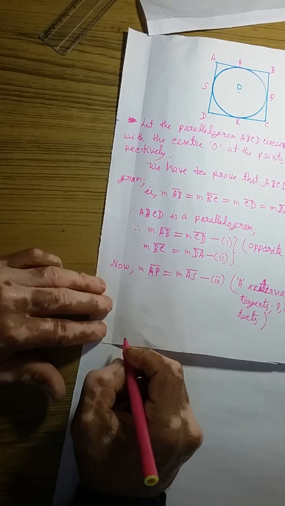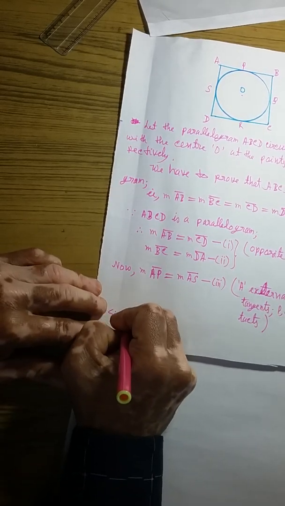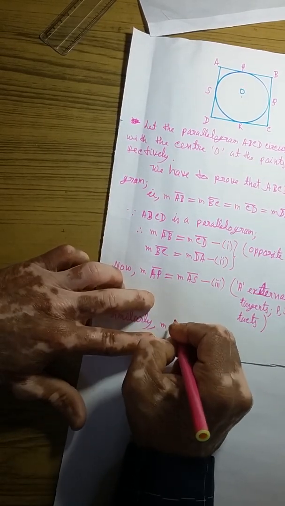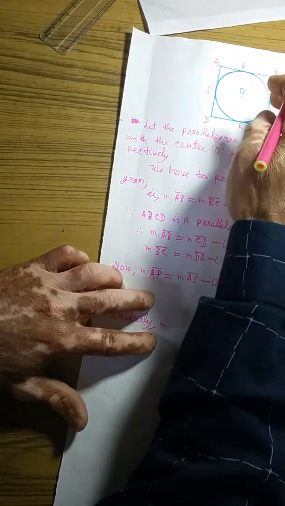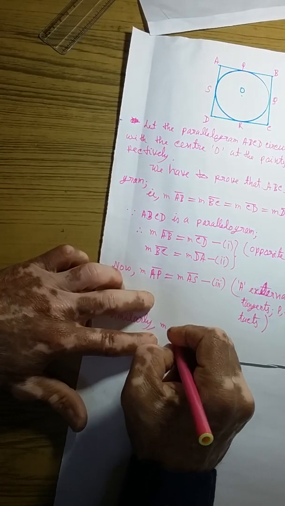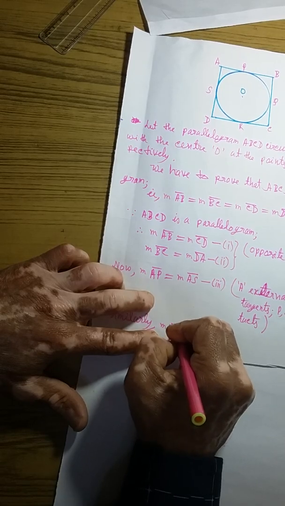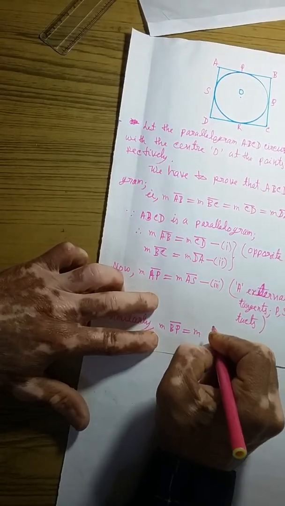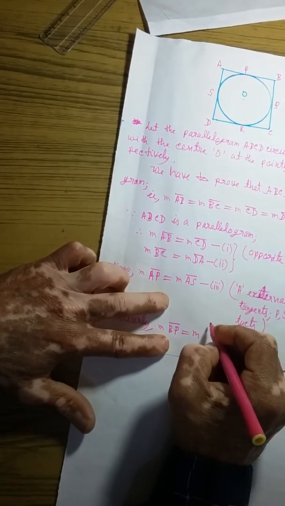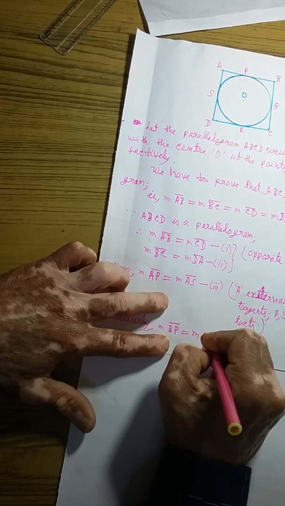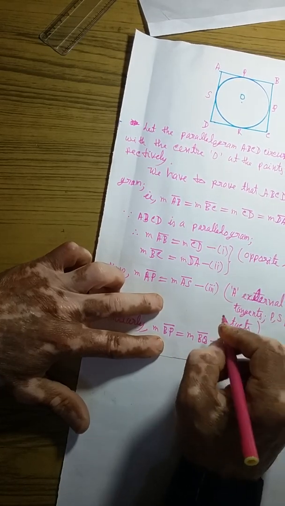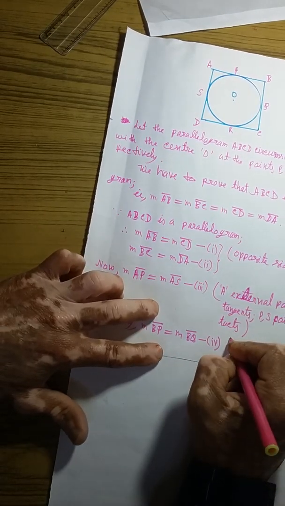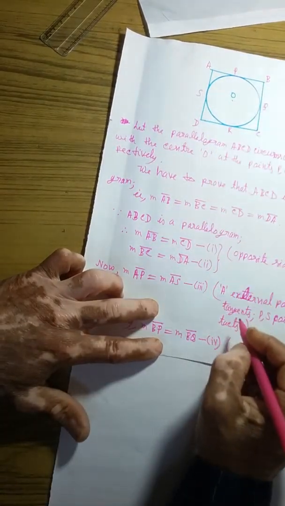After this, write in this way. Similarly, measure of BP is equal to measure of BQ. Let us name this relation as 4. Write within bracket, B external point.